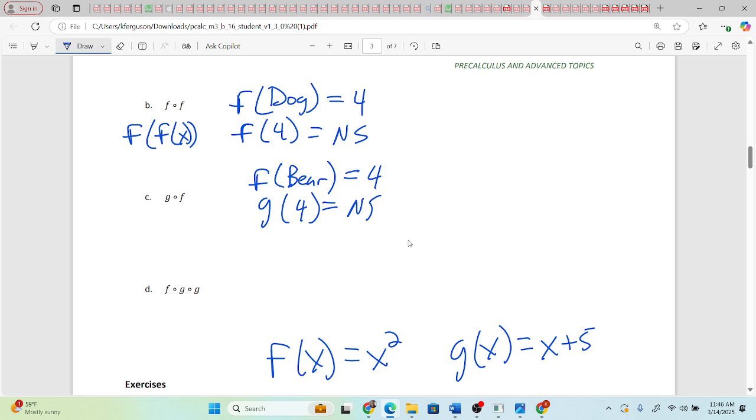Are we all right? You can have a function within a function within a function. I can have f of g of x. g of x is where you put in a name and you get an animal. I do that for the innermost function g, I get an animal. Then I do that again.